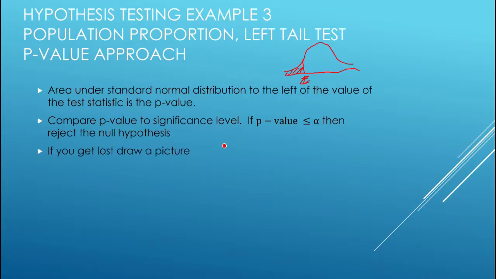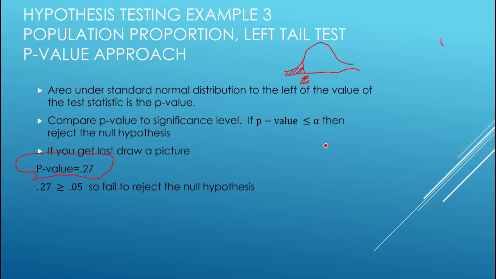So I'll draw you a picture in a moment, but the calculation is as follows. If I looked up the p-value that was associated with the value of our test statistic, which we calculated on the previous slide, I found out that that was equal to 0.27.